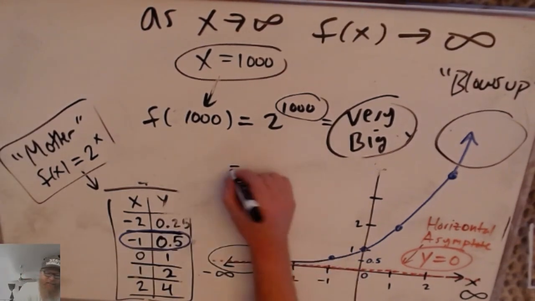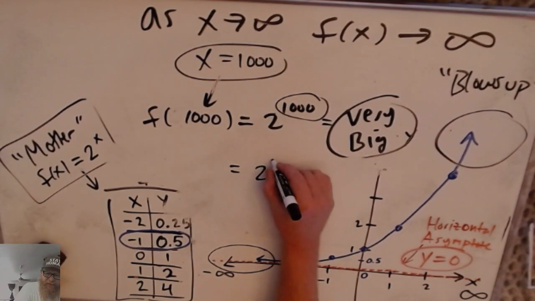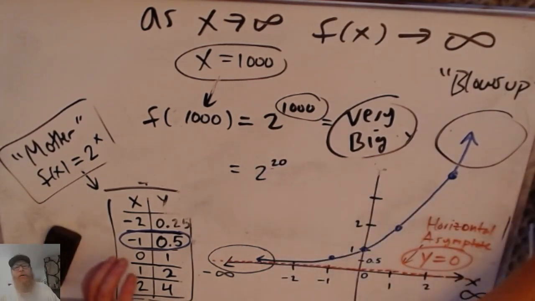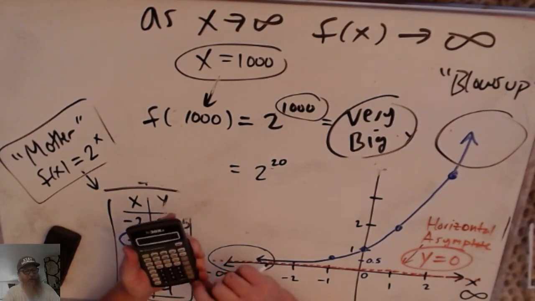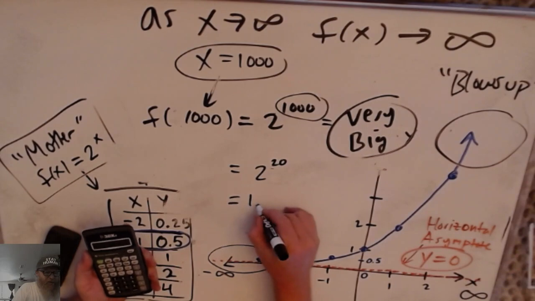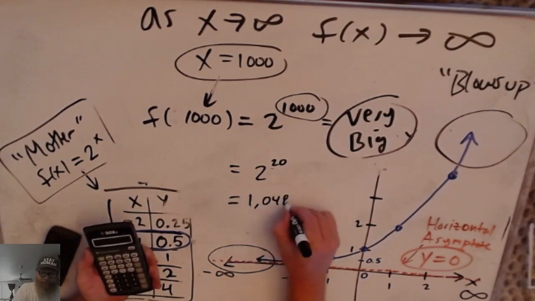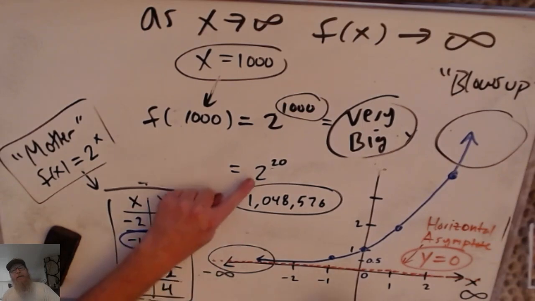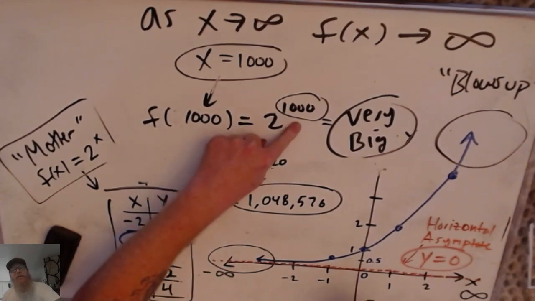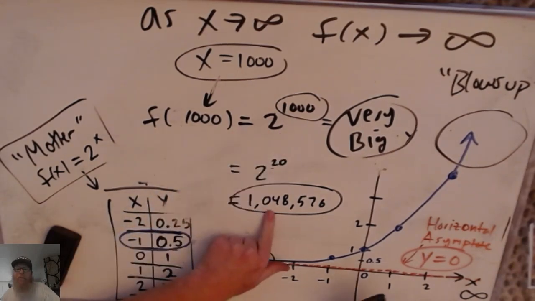To give you an idea of how big this actually is, try something like 2 to the 20th power. You don't even have to get very big. 2 to the 20th is already 1,000,000. So imagine how big 2 to the 1,000th is. It's way more than 1,000,000.